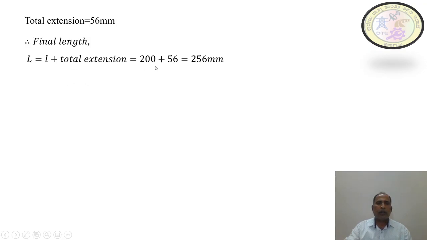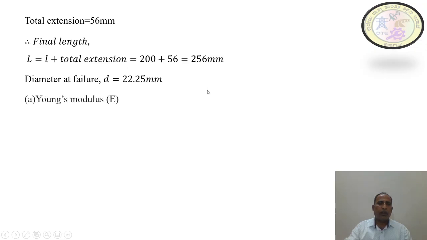So 200 is the original length and our gauge length, and 56 is the total extension taken place in the rod when it is tested until it breaks into two pieces. So therefore total length is 256 mm. Diameter at failure, that is small d, also called the neck diameter, is 22.25 mm. So first we will calculate Young's modulus.